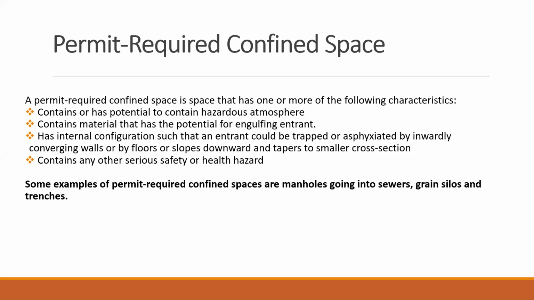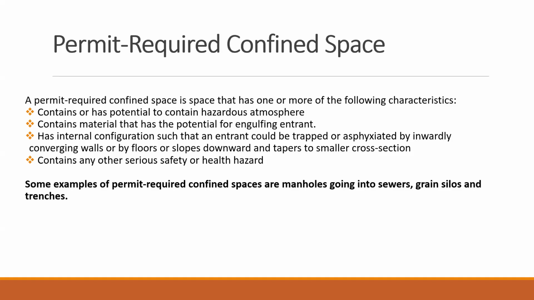Then, apart from the hazardous atmosphere, we have the potential for engulfing the entrant. For example, a person or persons going inside can get trapped. There is also the internal configuration, where an entrant can be trapped or asphyxiated by inwardly converging walls.